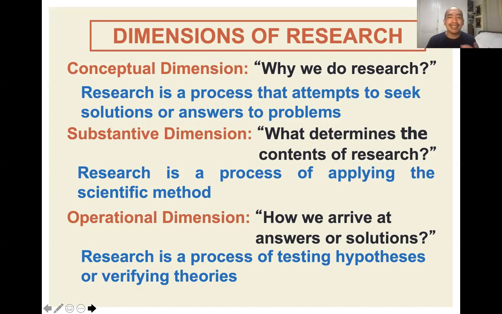Now, when you test hypotheses, that can also mean, on the one hand, you verify theory, which means somewhere in the world they have proven this or discovered that, and you wanted to check whether that also applies to us here in the country or not. If it does not apply to us, then you still verify theory, right?